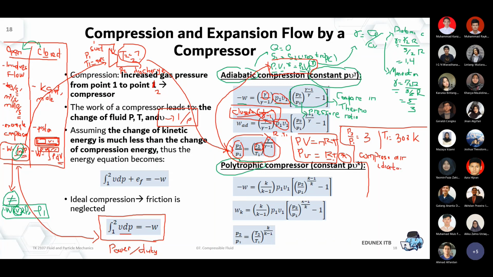What will be the T2? Can someone please calculate in Kelvin? Remember that the temperature ratio has to be calculated in Kelvin. If you use Celsius, it's going to be a wrong number. So be aware of that and make sure that you calculate it first in Kelvin before converting it back to Celsius.